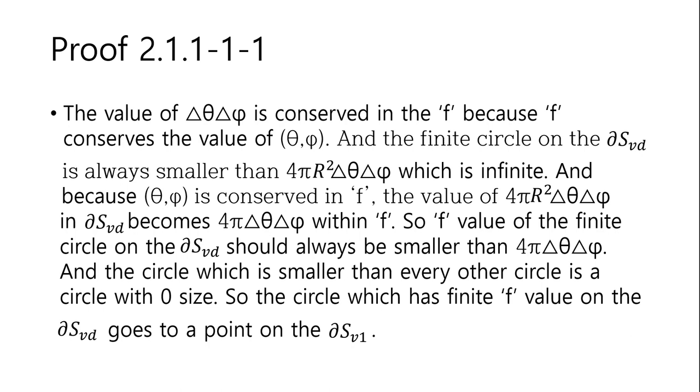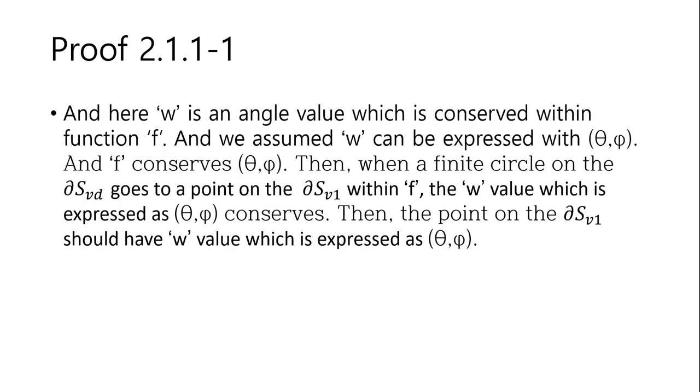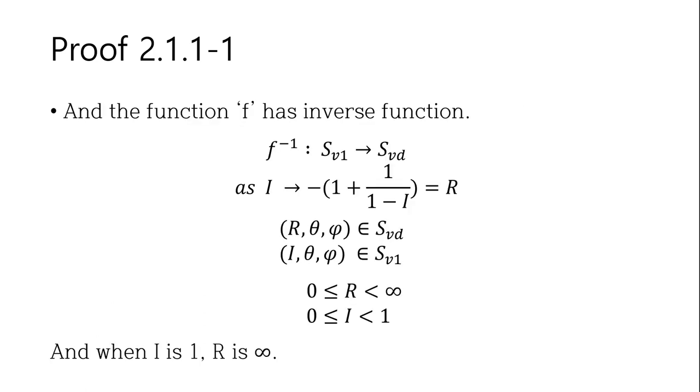So the circle which has finite f value on the DS3D goes to a point on the DS31. And here, omega is an angle value which is considered within function f, and we assumed omega can be expressed with theta phi. When a finite circle on the DS3D goes to a point on the DS31 within f, the point on the DS31 should have an omega value which is expressed as theta phi, and the function f has an inverse function, like this.